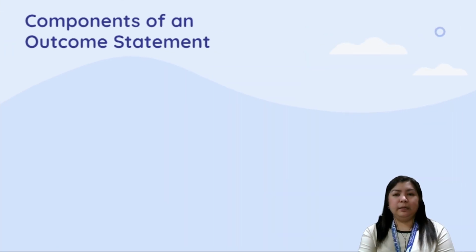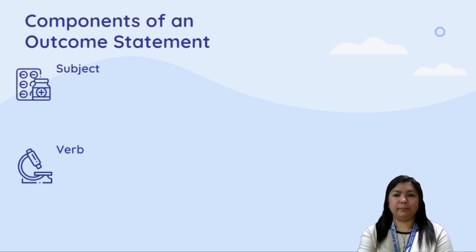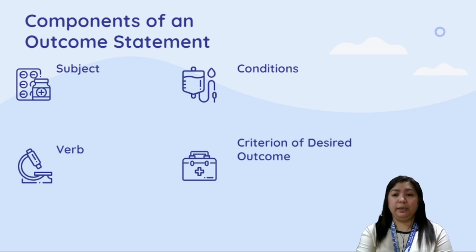Next, there are different components, of course, of outcome statements. So before we can do that, let us take into consideration what the different components of an outcome statement are. You have here your subject, your verb, the different conditions, and the criterion of the desired outcomes.